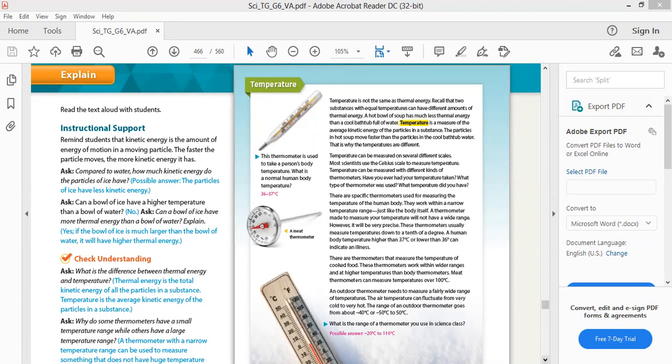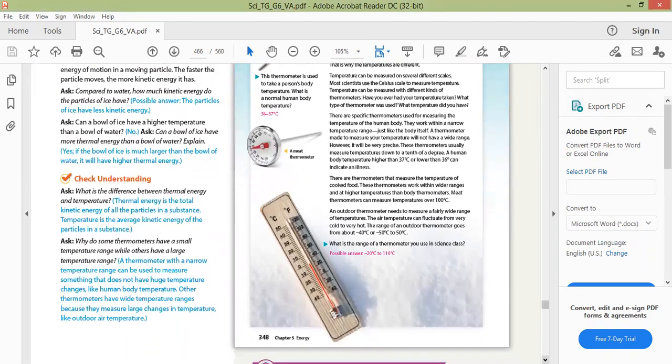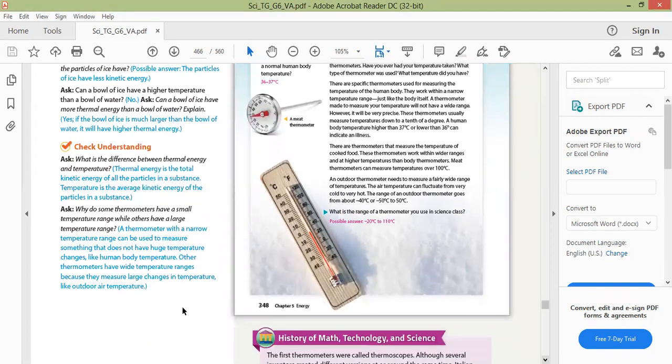Okay, that was our lesson yesterday, and we said why do some thermometers have a small temperature range while others have a large temperature range? Because a thermometer with a narrow temperature range can be used to measure something that does not have huge temperature changes.